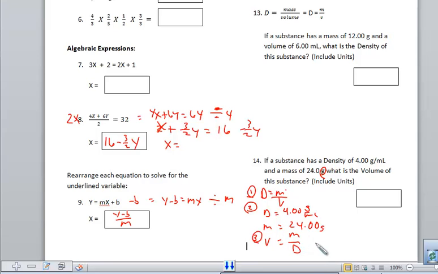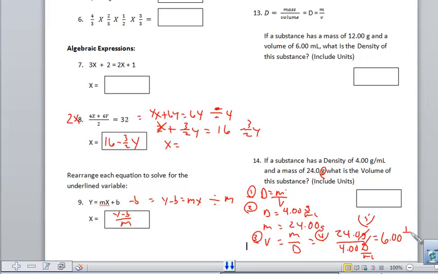That's step 3. Step 4 is you plug in the values, and your mass is 24.00 grams, and your density is 4.00 grams per milliliter. Step 5 is you solve for the answer. So this is going to equal 6.00, and the grams cancel.